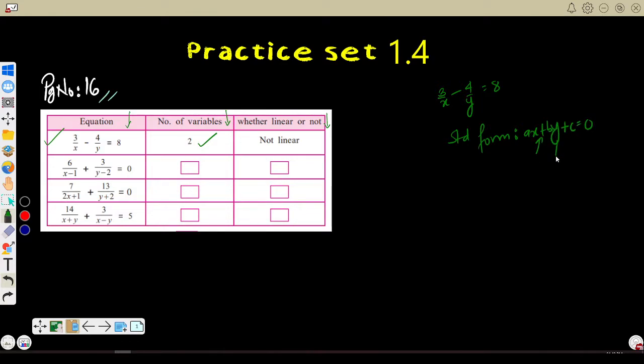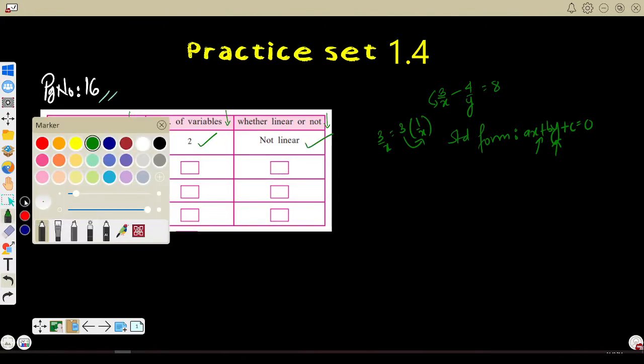In this, if you observe the variables x and y, they are not in the denominator, they are in the numerator position. But if you observe this example, 3 upon x can be written as 3 multiplied with 1 upon x, but this is not the standard form. Linear equations do not have such format, so we can say that this is not a linear equation.